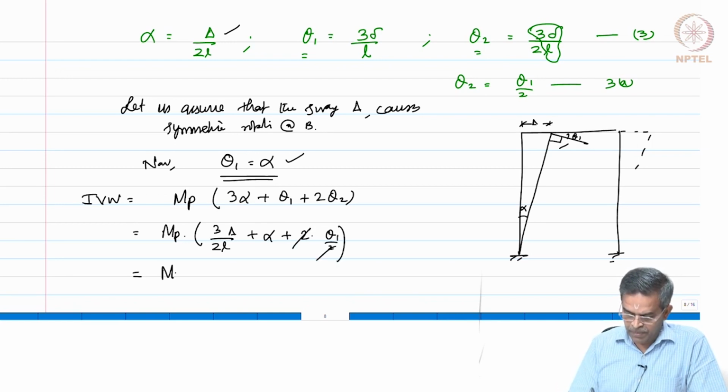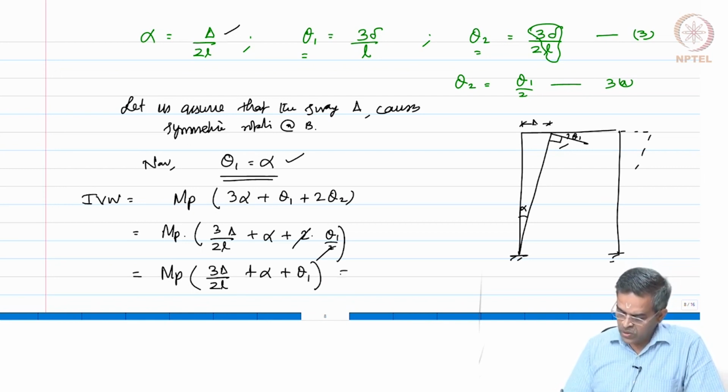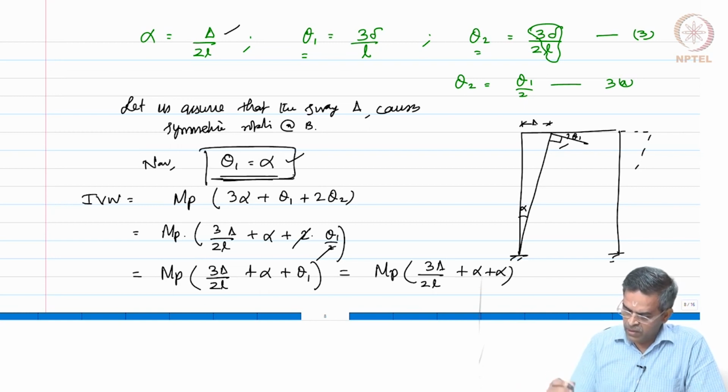This becomes MP times of 3 delta by 2L plus alpha plus theta 1, which I can now say is MP times of 3 delta by 2L plus alpha, because we have this equation here.